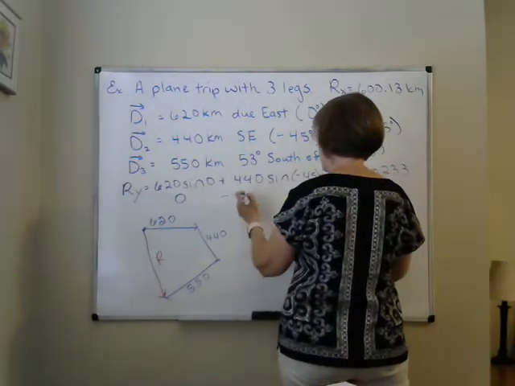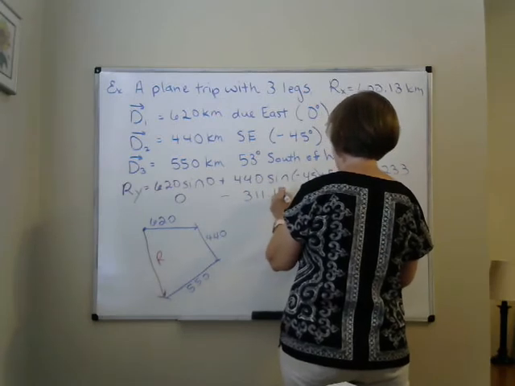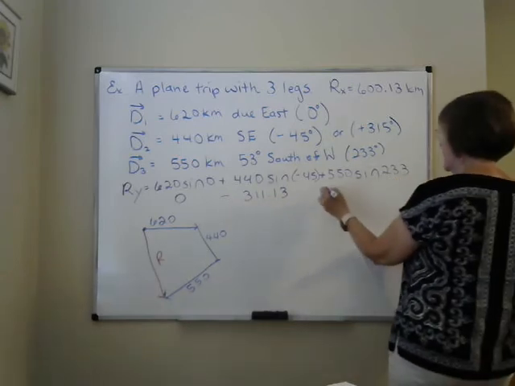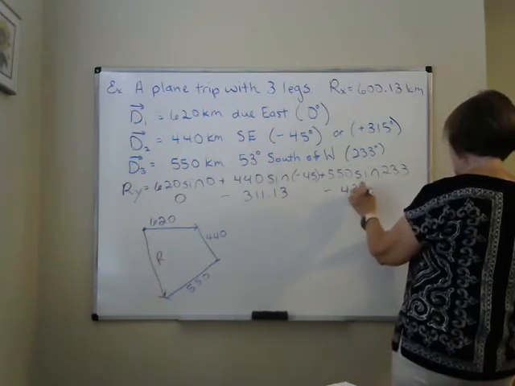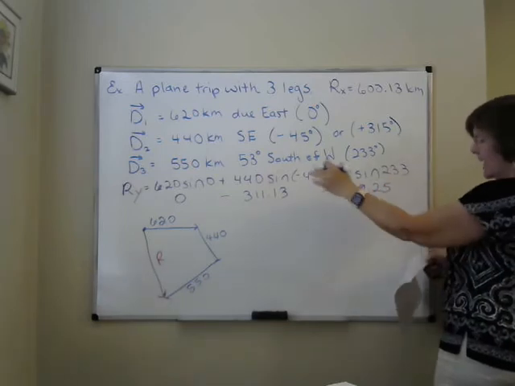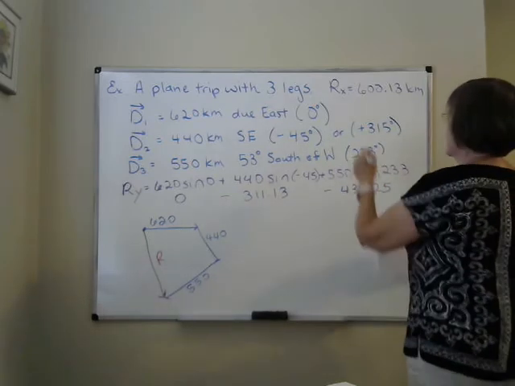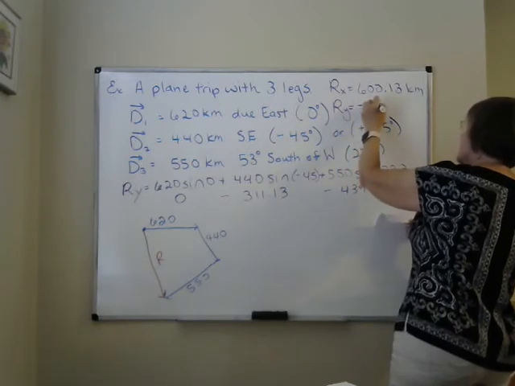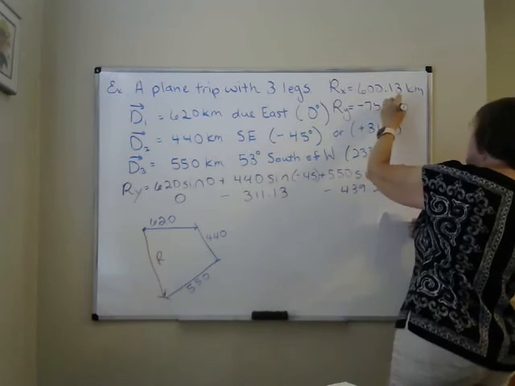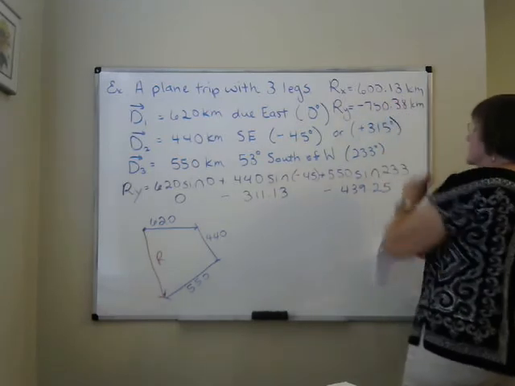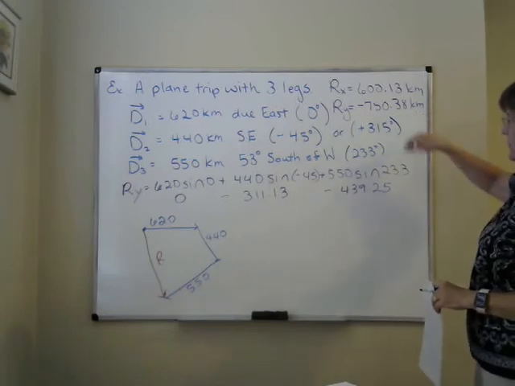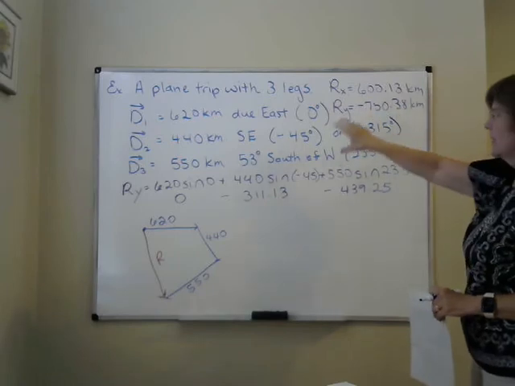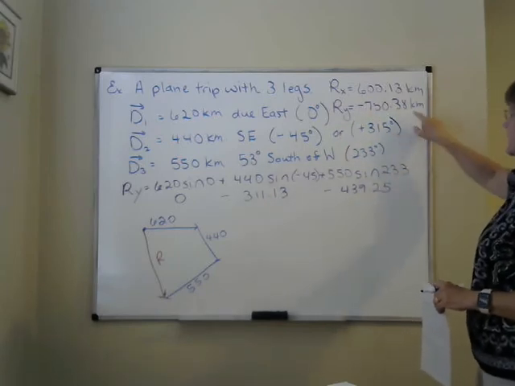It comes out to be negative 311.13. I think this one points down. Turns out that this is negative 439.25. So when I add all of that up, I end up getting a y component of negative 750.38 kilometers. So I've got those three vectors. I've added up all the x components and all their y components.